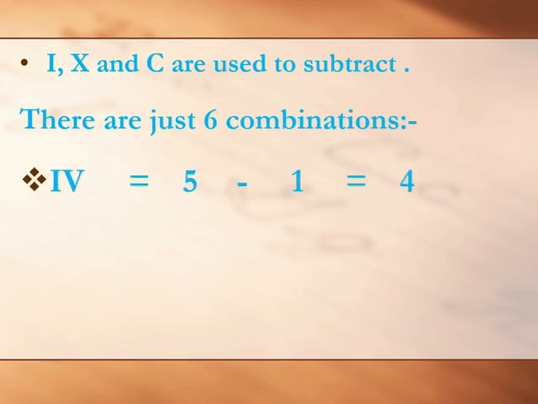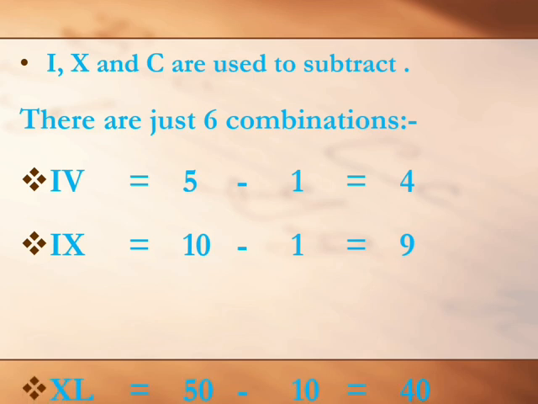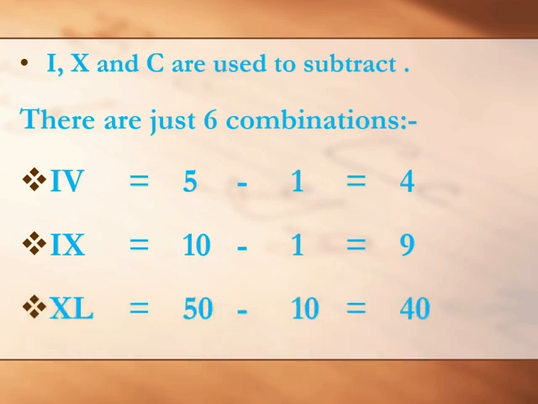The first combination is IV equals 5 minus 1. Answer is 4. IX, which means 10 minus 1, and the answer is 9. XL equals 50 minus 10. That means it represents 40. Next, XC.